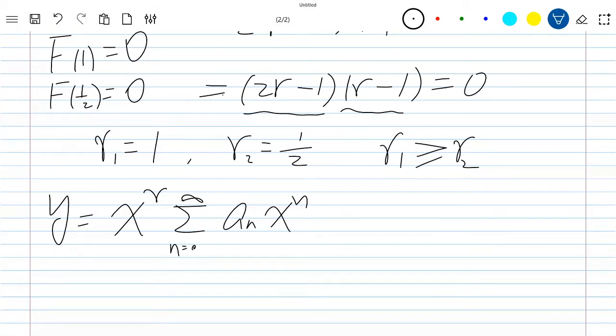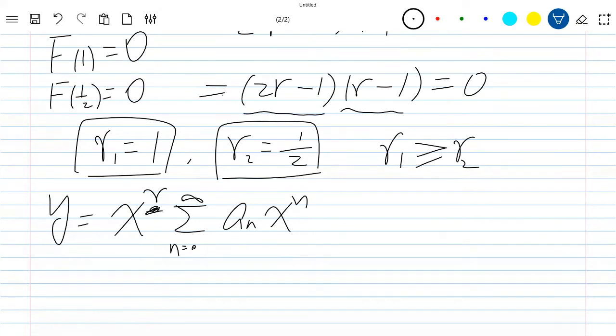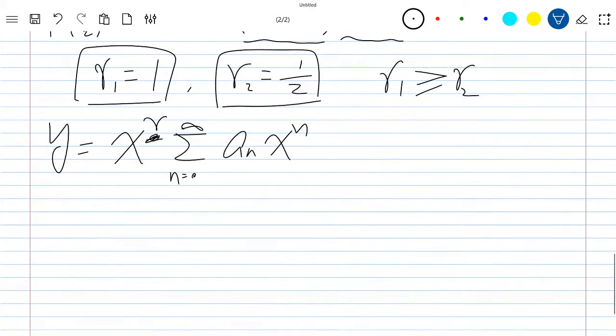And I didn't write r1 or r2 here because it's easier to call it r and plug in the value of r1 or r2 in the end. Otherwise you have to do it twice. So we just keep this generic form r, right? But we know that r is either 1 or 1/2.